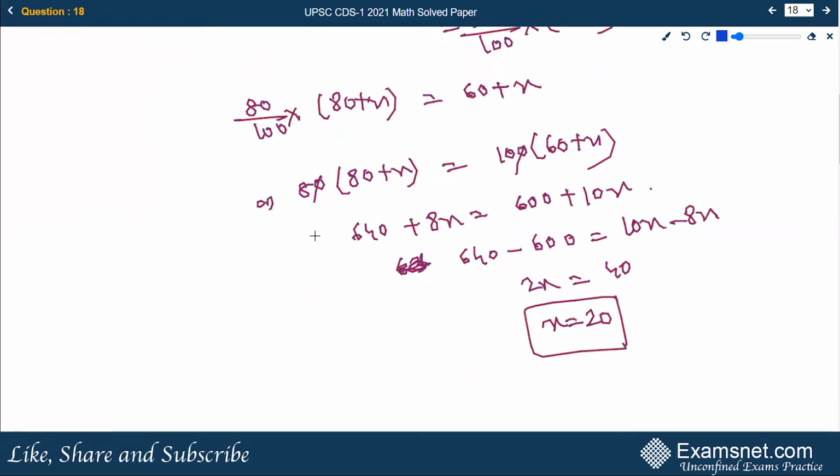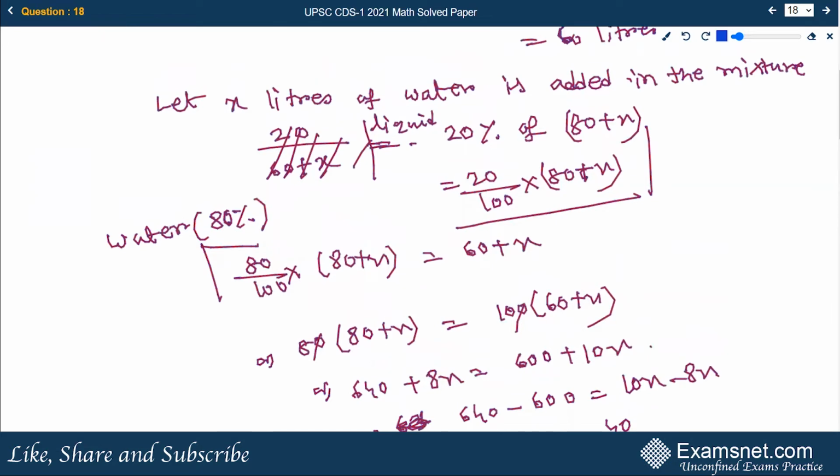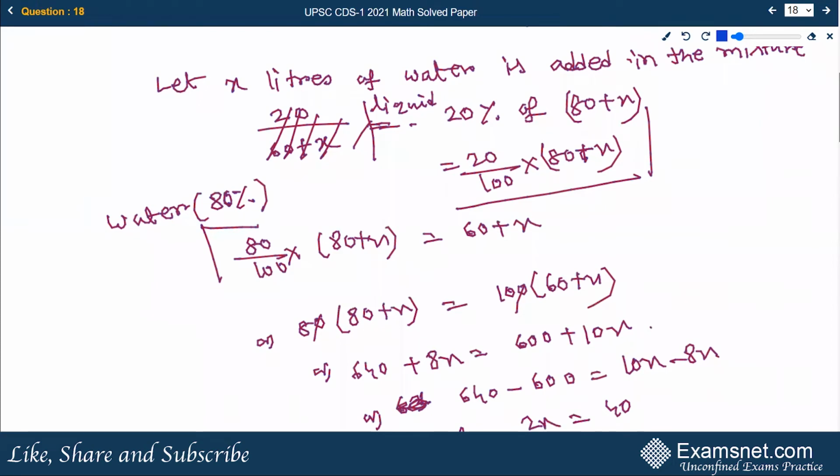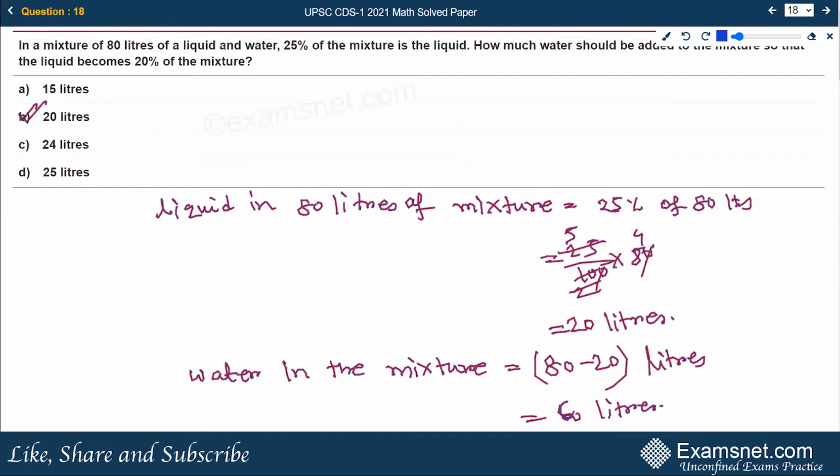So I got the value for X, that is 20 liters. Look here, X liters of water is added in the mixture, correct? So this is the portion of the liquid and 80% water. If 20% is the liquid, water will be 80%. How much is that amount? 80 by 100 multiplied by 80 plus X. So if there are 60 liters of water right now, after adding X liters, it will become 60 plus X. So that's how we got it. X equals 20 liters. Option B is the correct answer here.